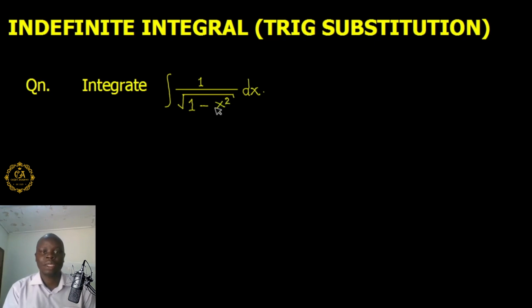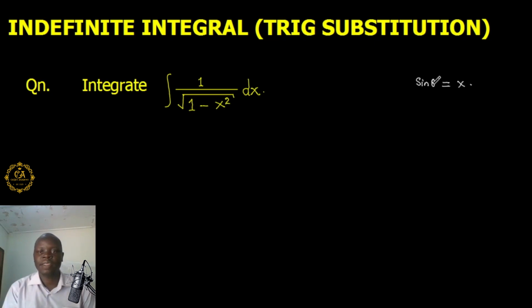So what is the first thing? We just look at this square term in this radical and we write it out as sine. Now we can change the variable from x to theta, so sine theta should be equal to x. Then let's differentiate each of these sides with respect to the letters we have.